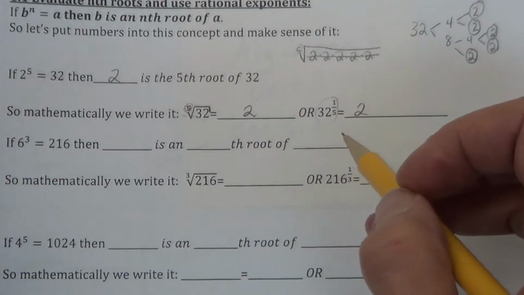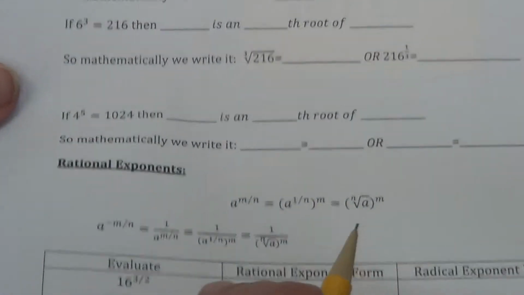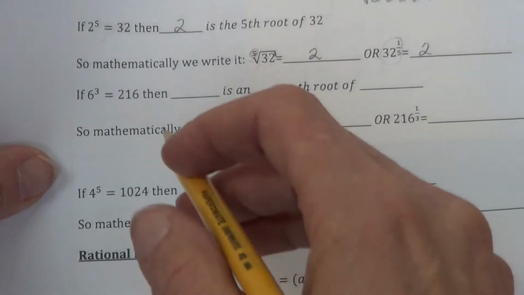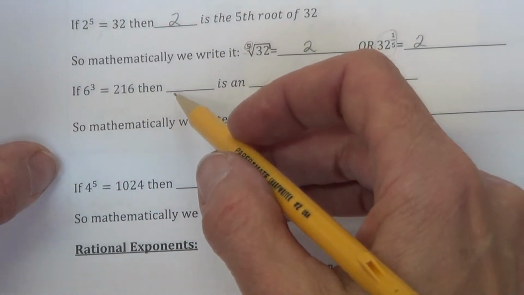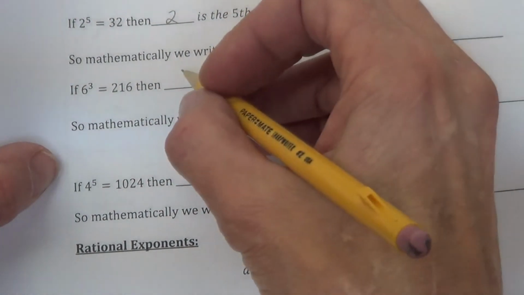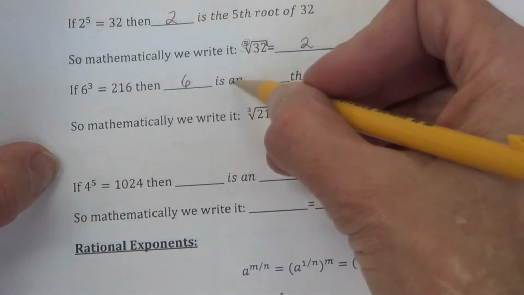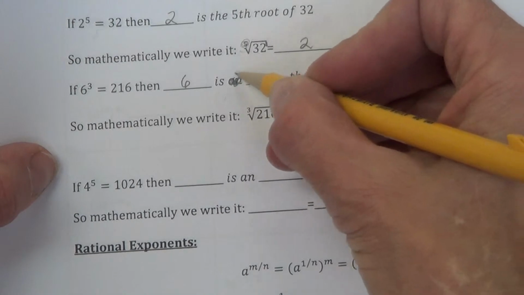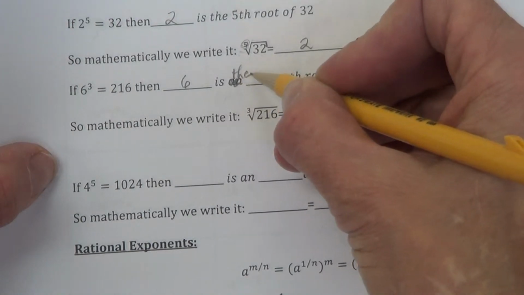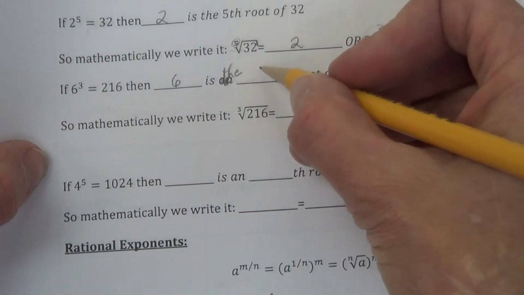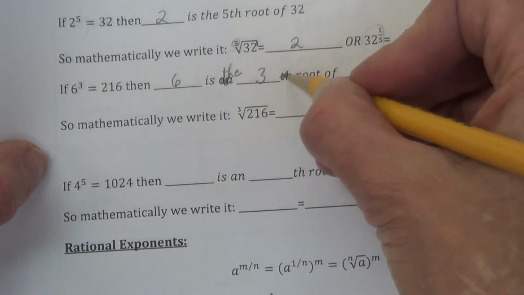Okay? So if we say 6 to the 3rd equals 216, then we know that 6 is the 3rd root of 216. Sorry, I have some typos here.